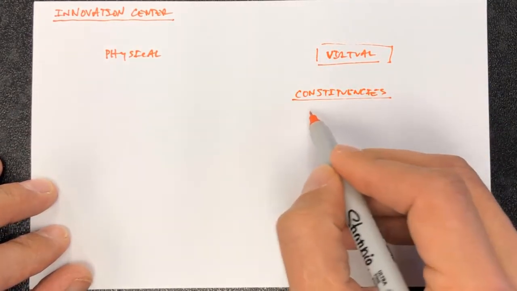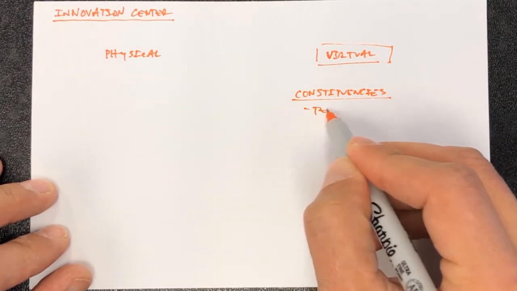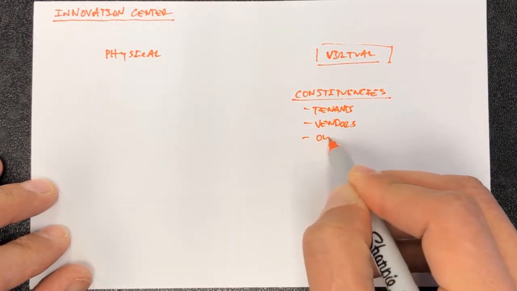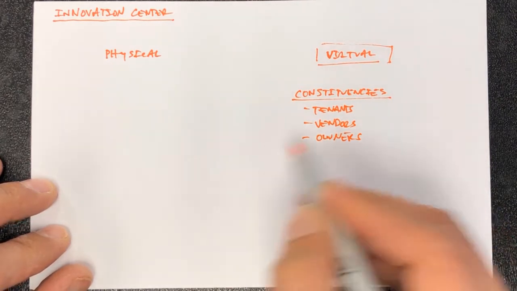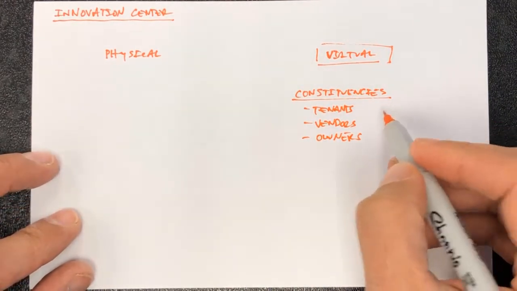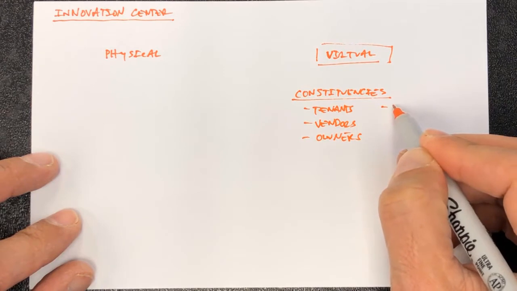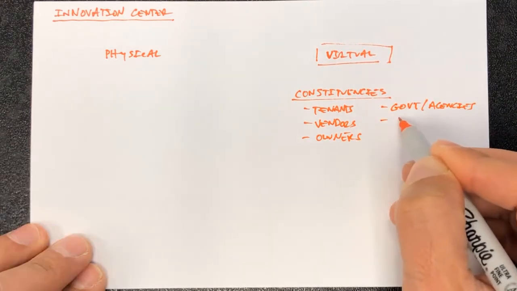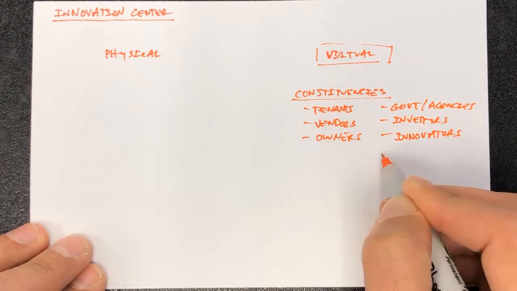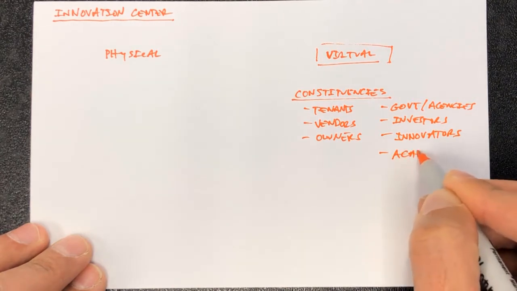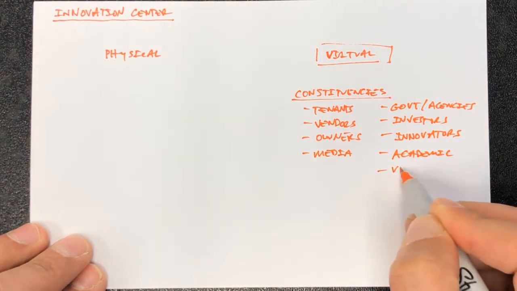In a normal physical property, we have the tenants and the vendors and the owners. In an innovation context, we also have other groups. We have the government, investors, innovators, the academic community, media, visitors.